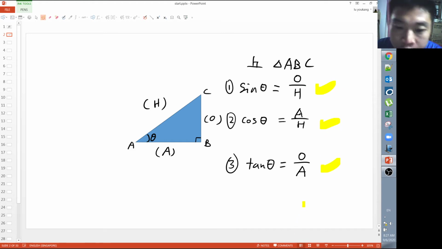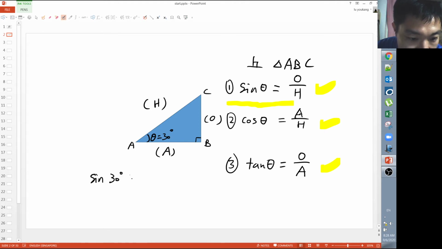Okay, so I'm going to explain the first rule first. The first rule is sine theta is equal to O over H. So what this rule number 1 means is, let's say your theta is 30 degrees, and this sine 30 degrees is actually equal to your O over H, which is equal to your side CB over your side AC.